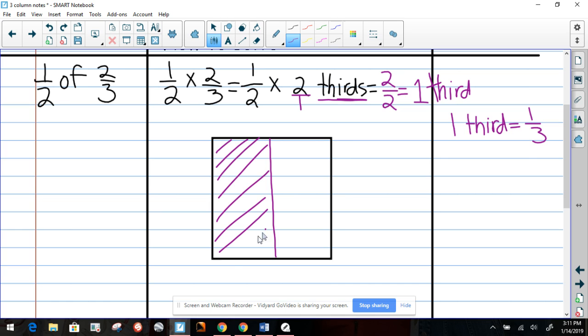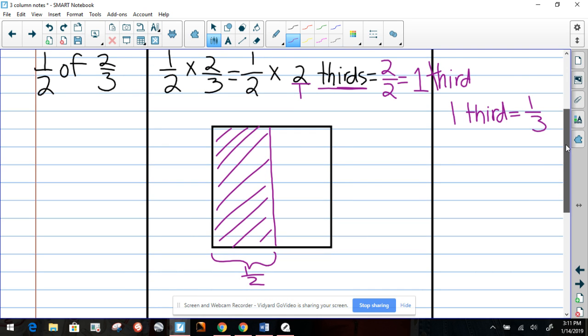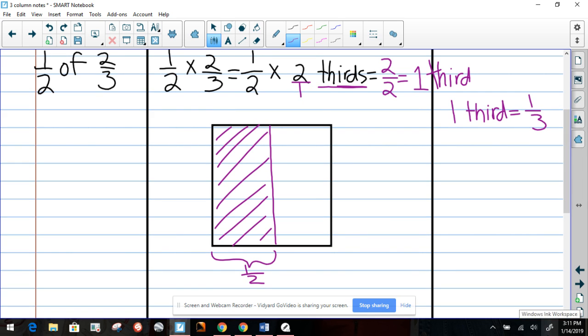And please label 1/2 because it's important to label so we can identify where we are. Okay? Then we're going to multiply that by 2/3. So now we'll have to do that across so it's easier to see. So it's like overlapping two model fractions. So we're going to now show 2/3.